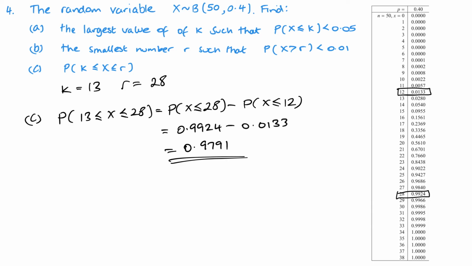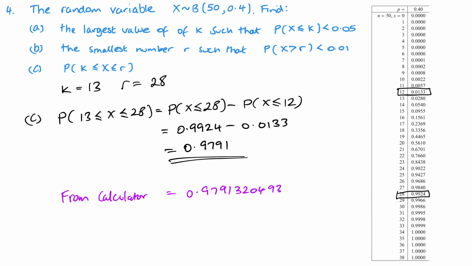I should also point out that since all these are to 4 decimal places, your answers should be accurate to 3 decimal places here. Okay, and if I do the calculator version, I should get basically the same. And then from my calculator, we got 0.9791320493.